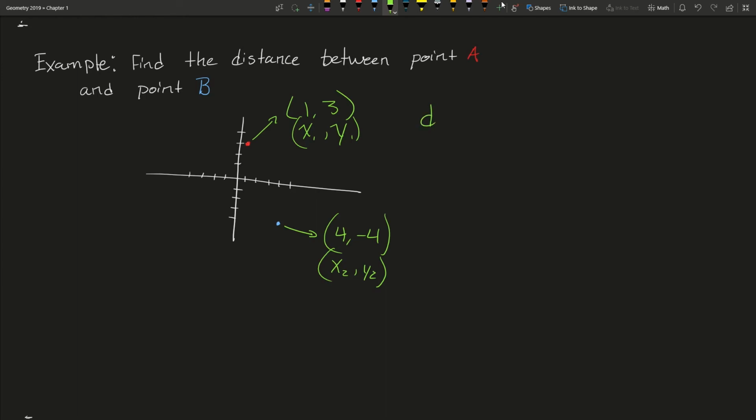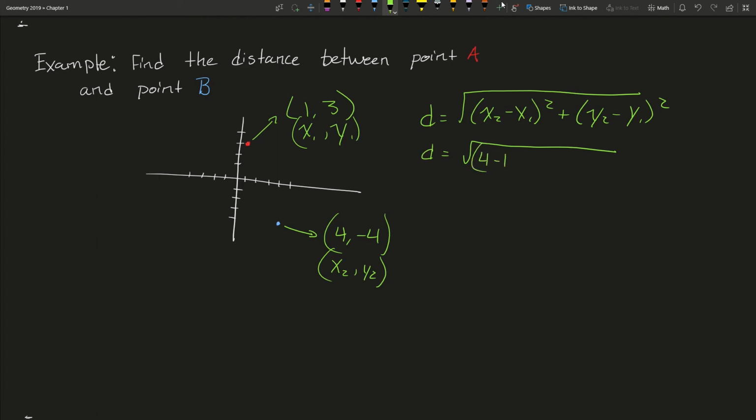So d will equal the square root of (x2 minus x1) squared plus (y2 minus y1) squared. So d will equal the square root of (4 minus 1) squared plus (negative 4 minus 3) squared.